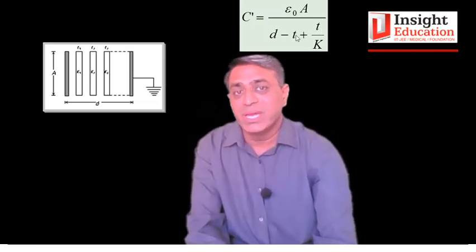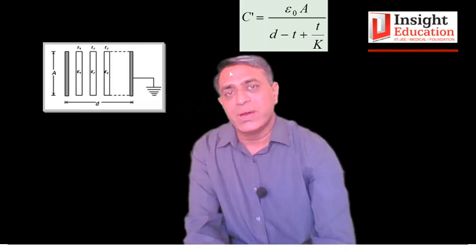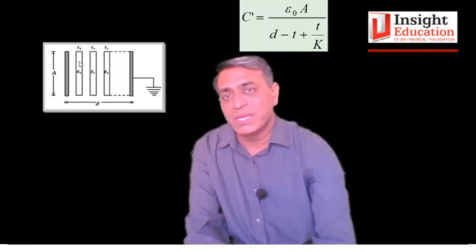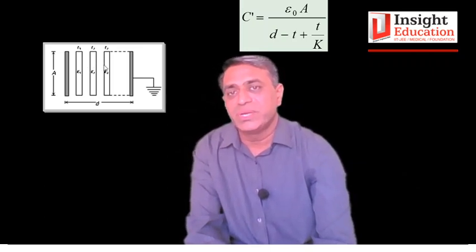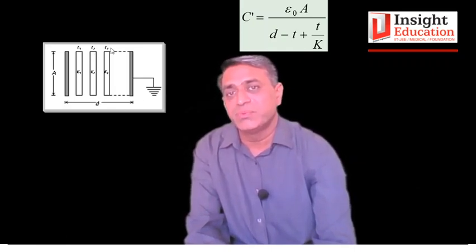Similarly, we can use the same logic for multiple dielectric materials. First, calculate the free space. Suppose the total distance is d and the thicknesses are T1, T2, T3. So the free space thickness is d minus (T1 plus T2 plus T3).